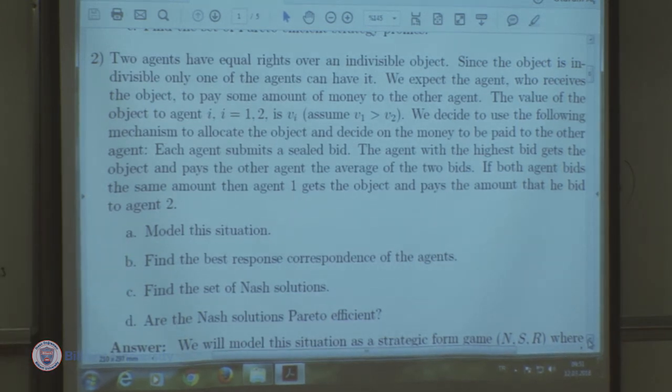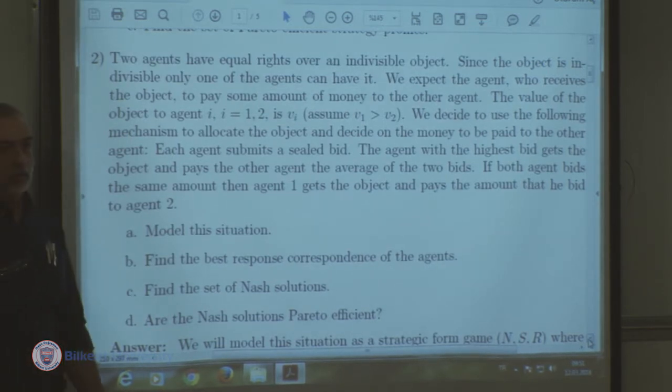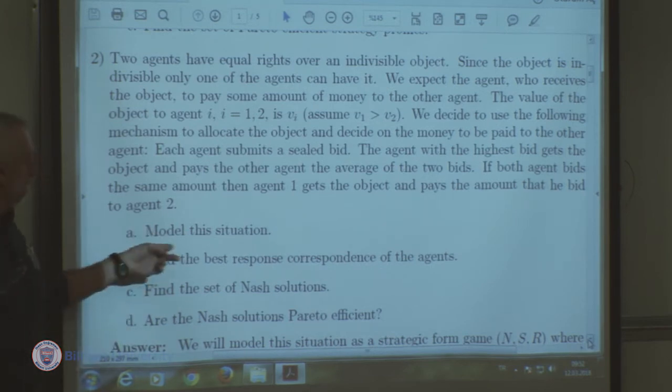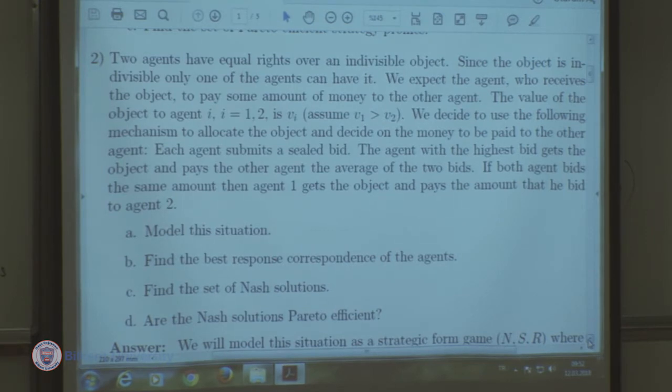If we played this game, how much would or should each agent bid, and what would happen at the end of the game? But in order to take care of that, we first have to model the situation.